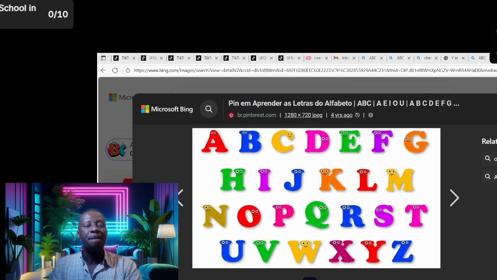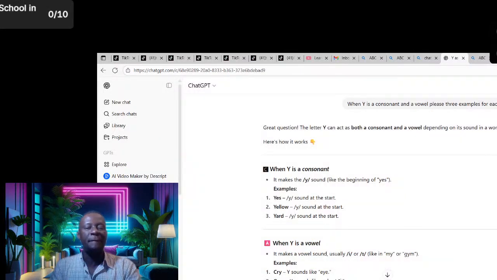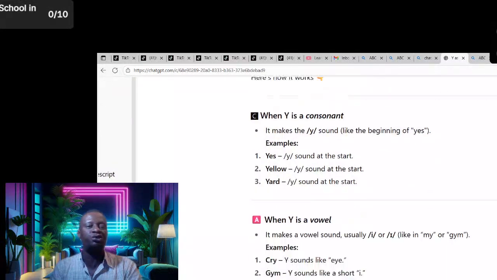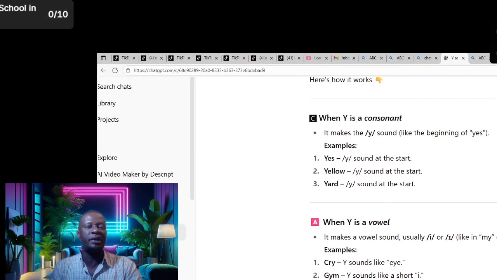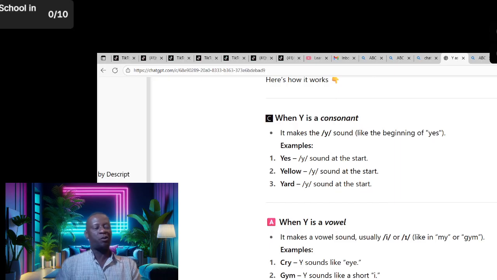Now let me go to ChatGPT again, and I want to share this with you and read it real quick. The notice I wanted to make today was about when Y is a consonant and when Y is a vowel.